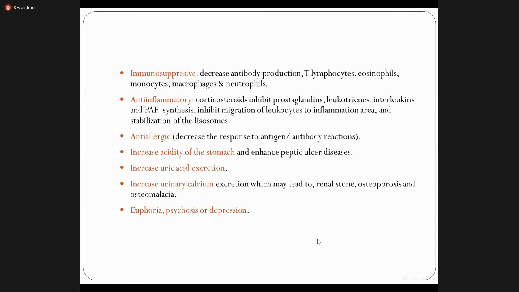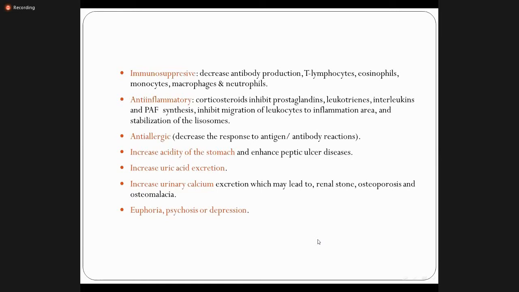Okay, immunosuppressive, and this is a very, very important pharmacological action and has a strong relationship with clinical therapeutics, right? Immunosuppressive, how? Because it decreases antibody production, T lymphocytes, eosinophils, monocytes, macrophages, and neutrophils.